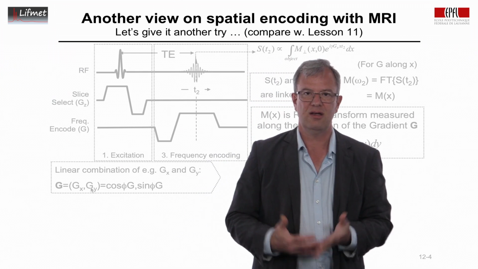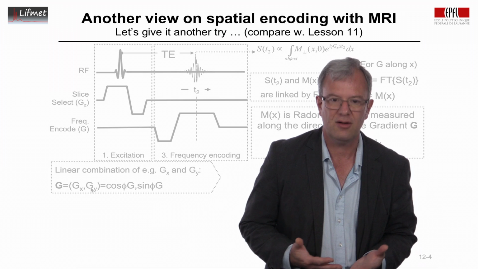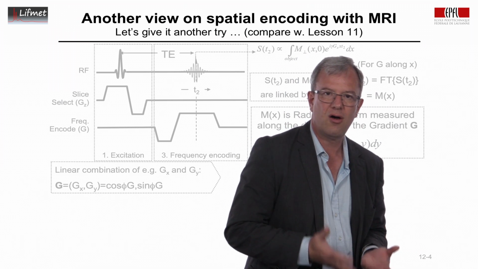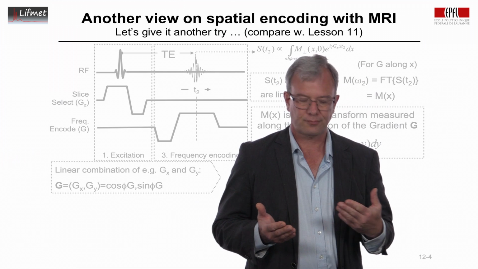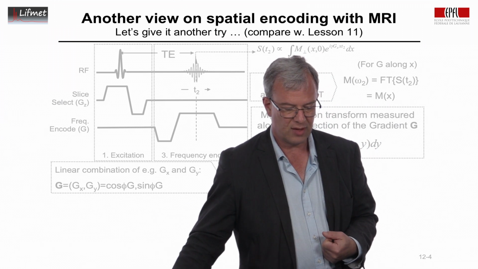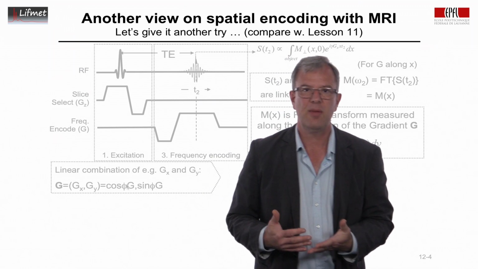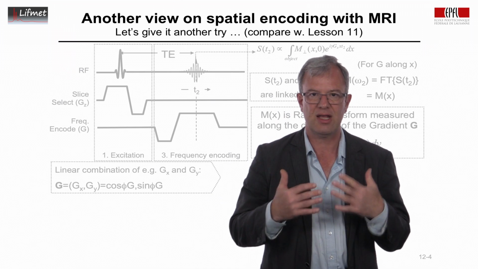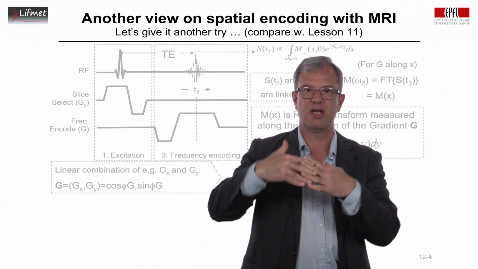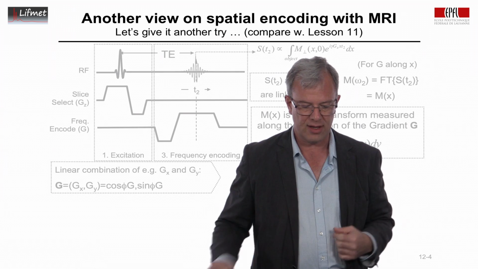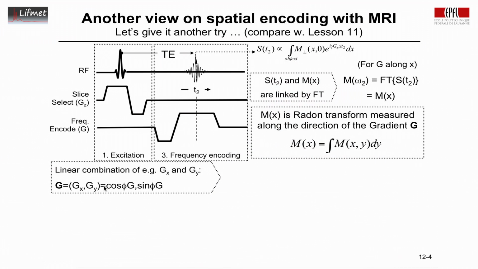So if I now choose a gradient, and remember we have introduced the gradient as a vector, as a linear combination with two components, with a constant amplitude, but I rotate it by an angle phi. What this amounts to is that we are recording the projection, the echo, along an orientation that is rotated with respect to x by the angle phi. You can verify that. If phi is 0, then we have a gradient along x. If phi is 90 degrees, then we have a gradient along y. And of course, we can change between the two gradually by changing phi gradually.